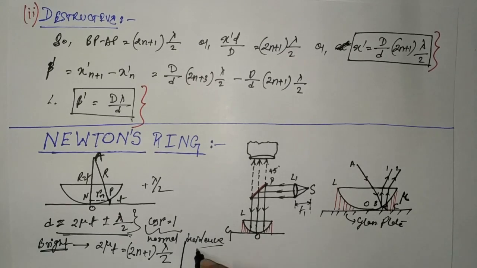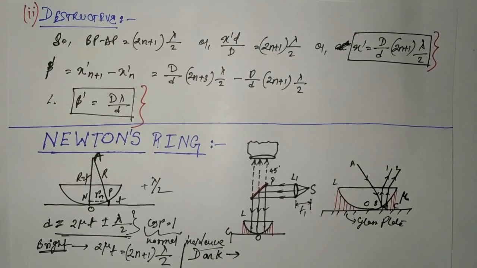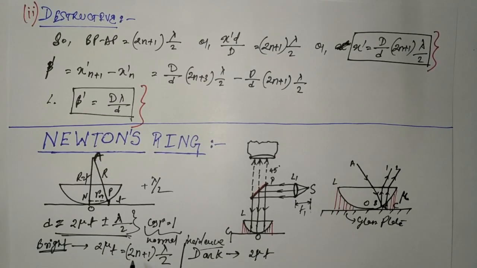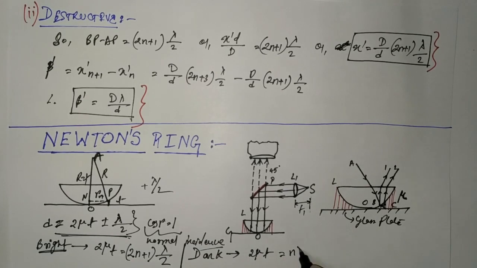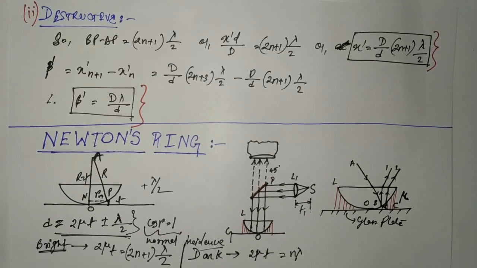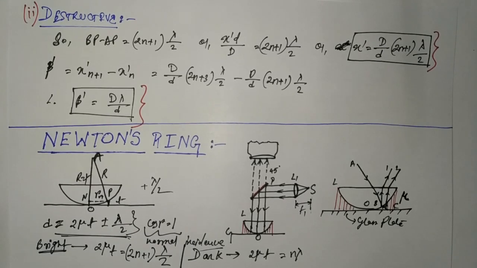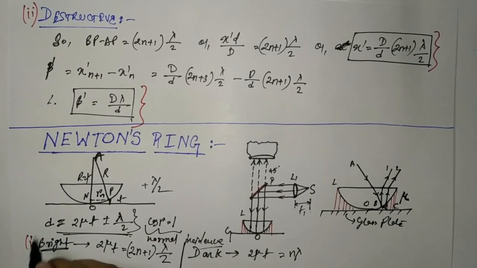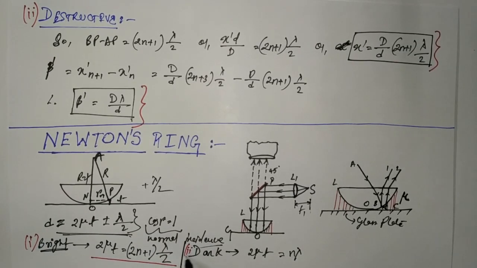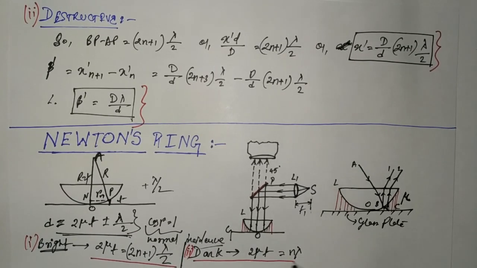Similarly, for dark fringe, the condition must be 2 mu t equal to n lambda. So we have got two important conclusions, one for the bright fringe and another for the dark fringe.